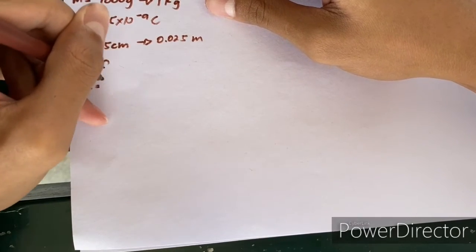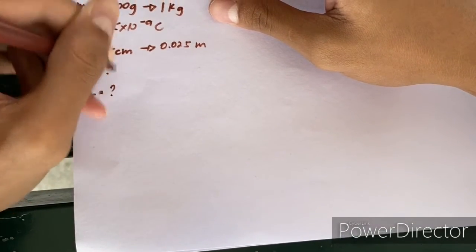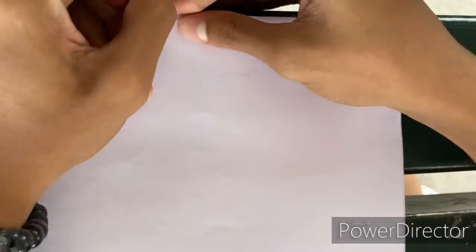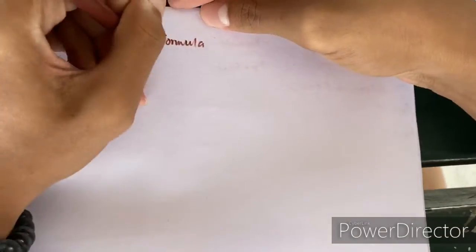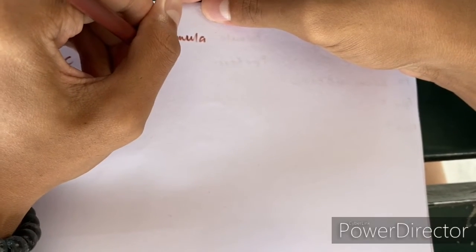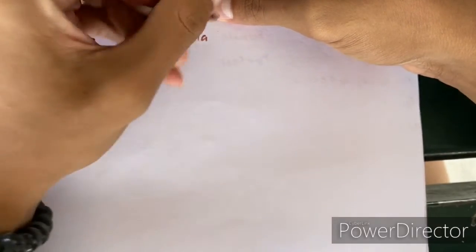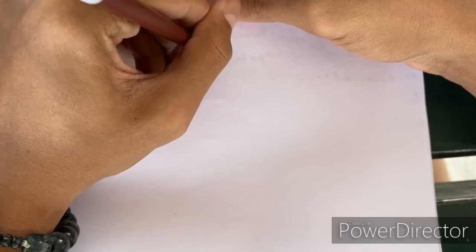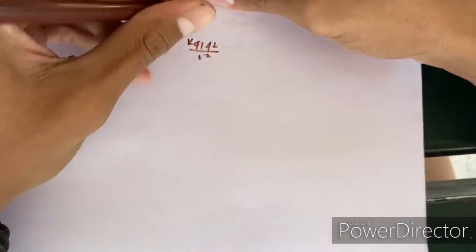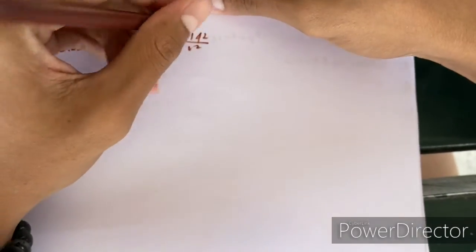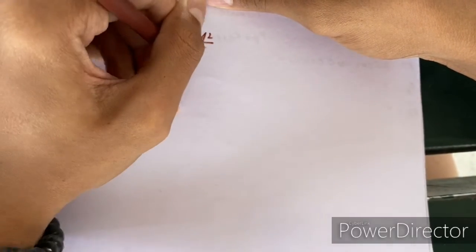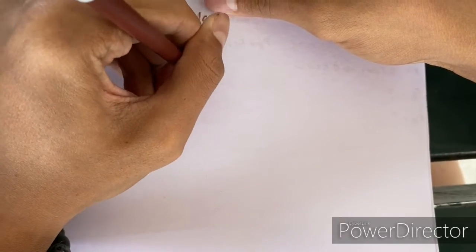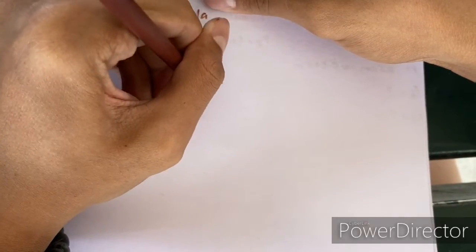We are looking for the electric force, then the gravitational force. Formula: kQ1Q2 over r squared. Then the gravitational, GM1M2 over r squared.